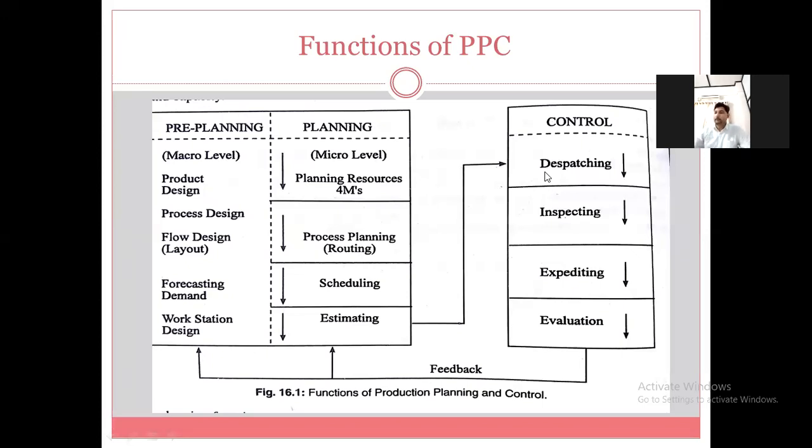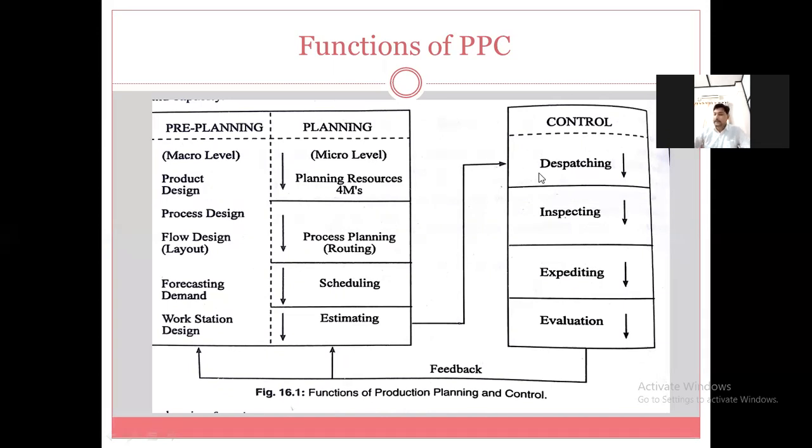In that order, the starting time of the particular production, the end time of that production, and also the quantities are mentioned. Once the order is received, only then will production start. So this is one part of dispatching, providing the orders to the respective departments, machines, and workers.